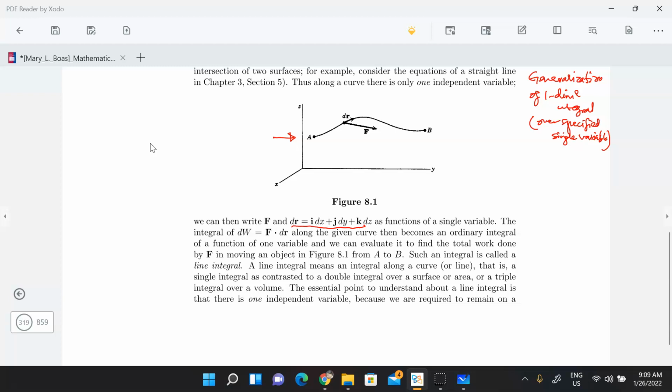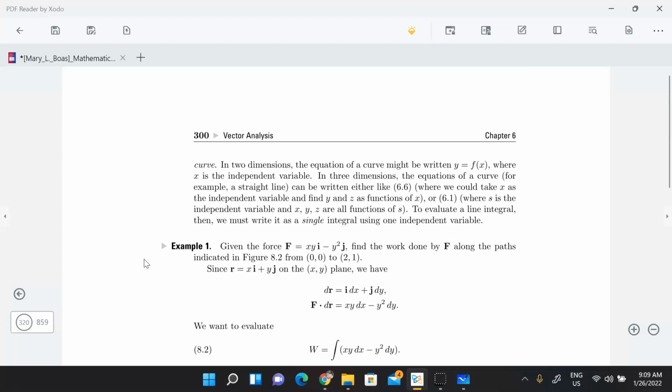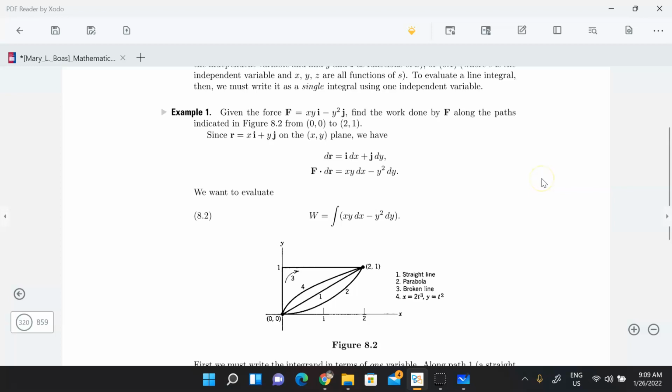Okay, let's look at an example where we can actually do this. So here's an example in which the force is given by this expression over here. So this is in two dimensions because there's only a unit vector i and j.